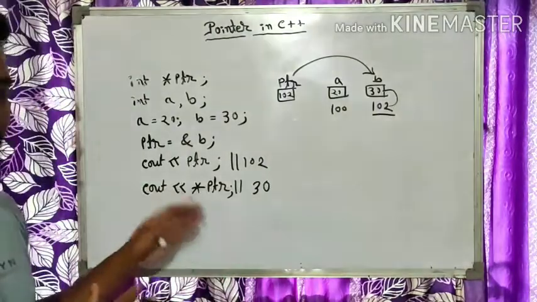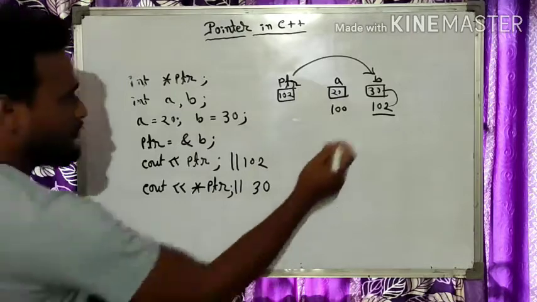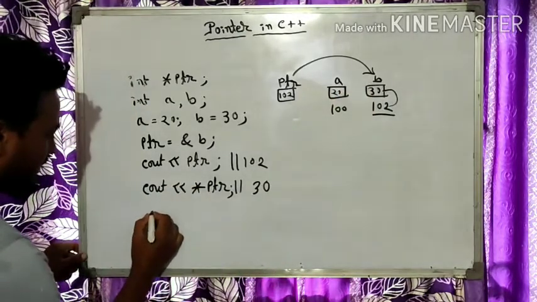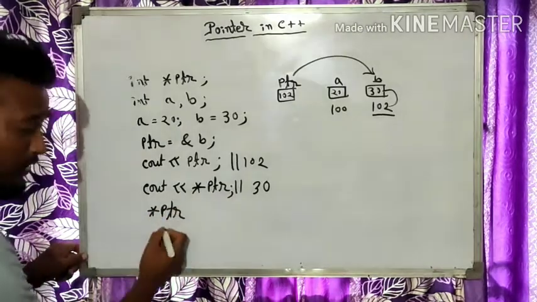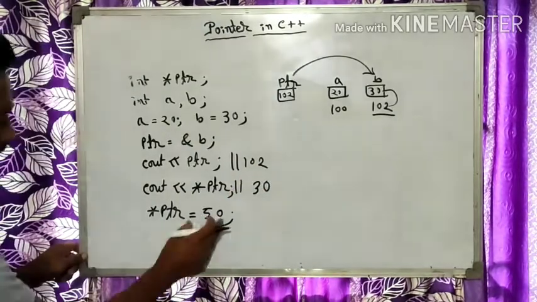We have seen this in the last classes. Now, suppose I want to change the value of b. With the help of the pointer, asterisk ptr, we are going to change the value of b. Let me write here 50.